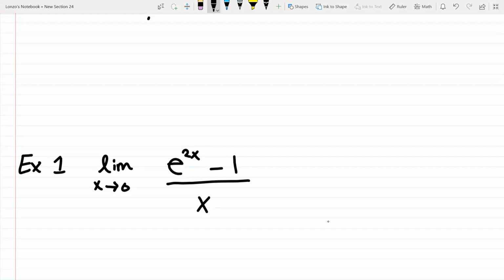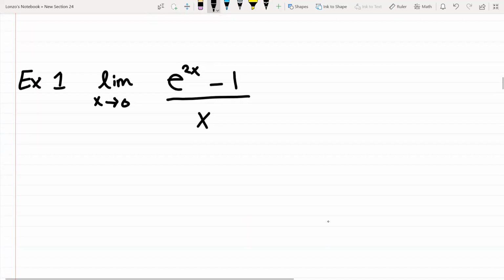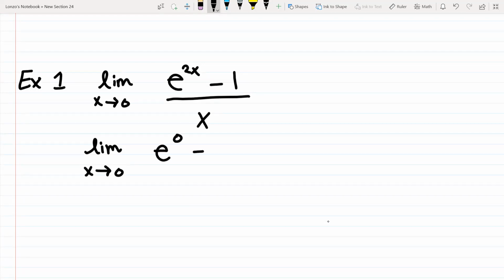What is the limit as x approaches 0 of e to the 2x minus 1, all over x? Let's see what happens when you plug in 0 into the function. That would be e to the 2 times 0, which is 0, minus 1, all over 0.